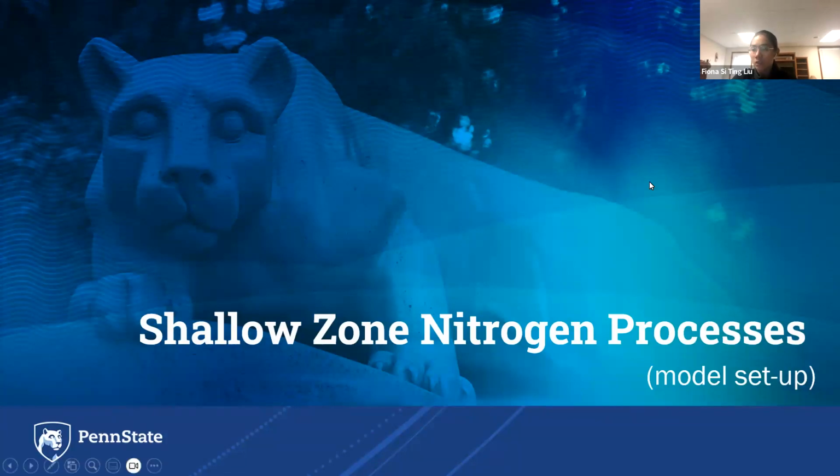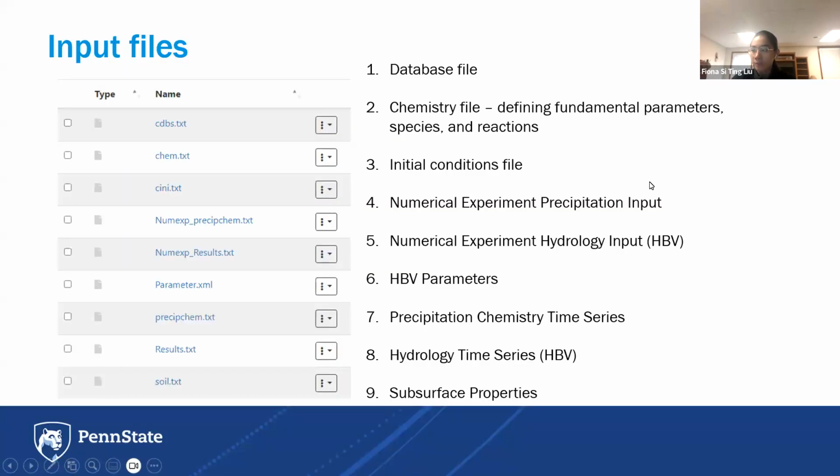To run the actual BioRT model, there are 9 input files that we need to alter and set up, which I currently have listed in the slides. For a more detailed rundown of what each input file is, please refer to the BioRT-HBV input files video in the previous section of this video series. For the purpose of my videos, I will only be talking about the components that we had to change and set up to run the nitrogen processes.